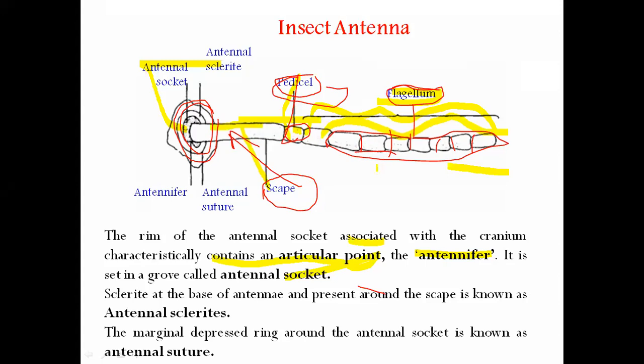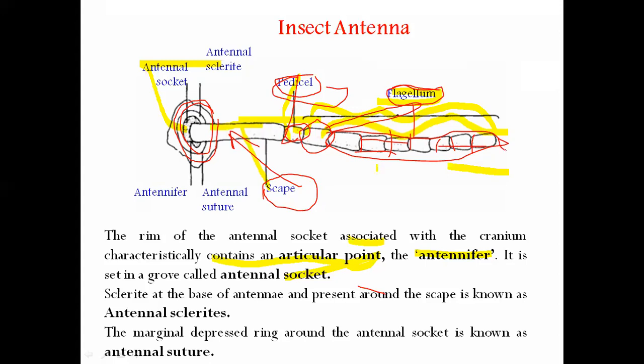The basal segment of the flagellum is called the meristone. This is the first, basal segment of the flagellum, which is further divided into ring joint, funicle, and club, the terminal tip.